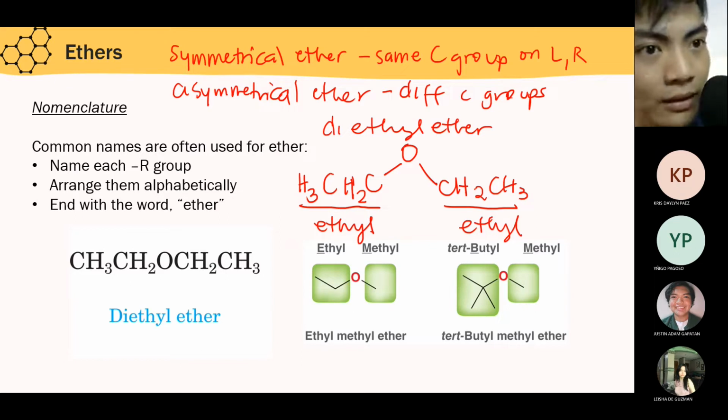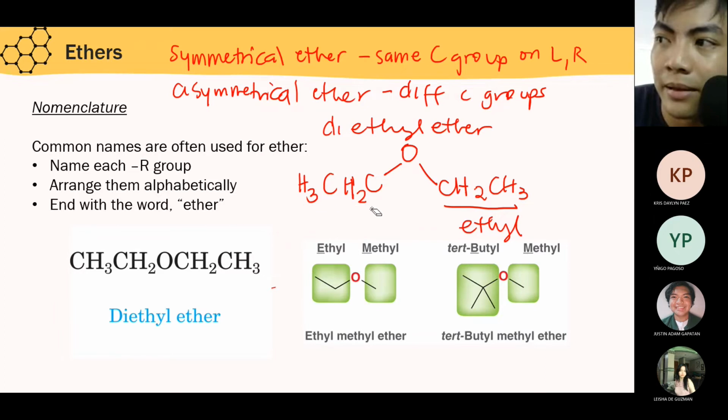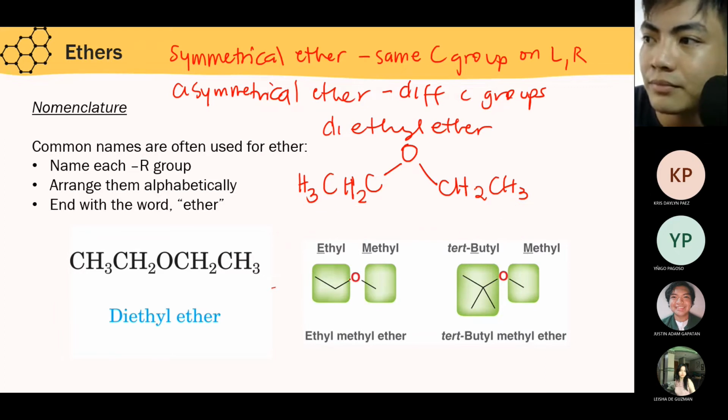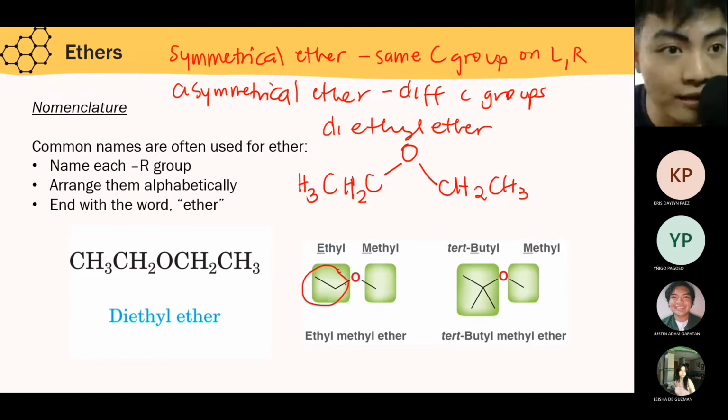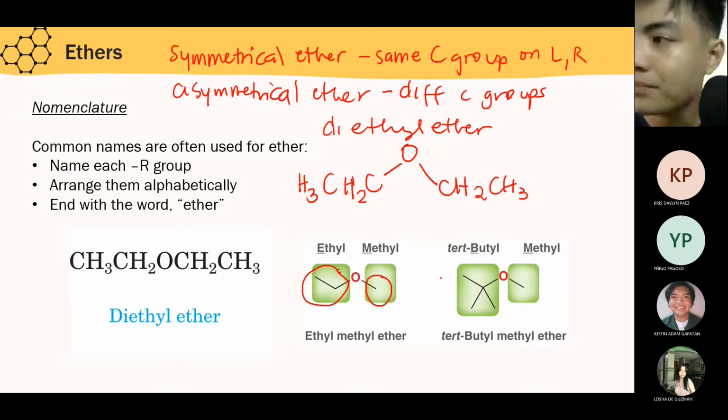Kapag symmetrical, paano kapag asymmetrical? Again, kapag asymmetrical, magkaiba sila ng group. Okay? Take for example, itong nasa baba. Okay? So, tignan nyo. So, dito sa baba, on the left, you have an ethyl. On the right, you have the methyl.